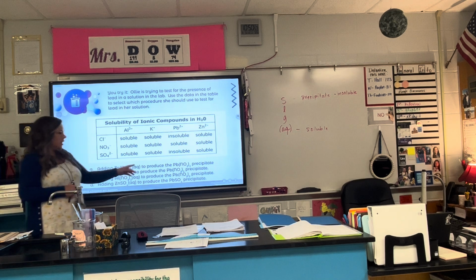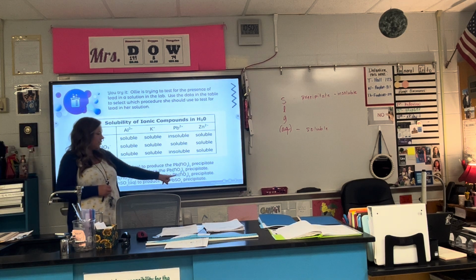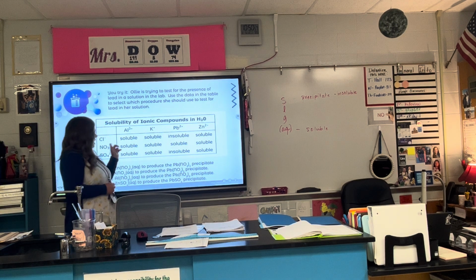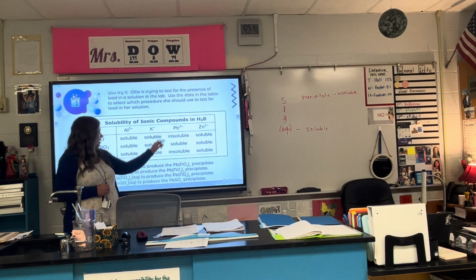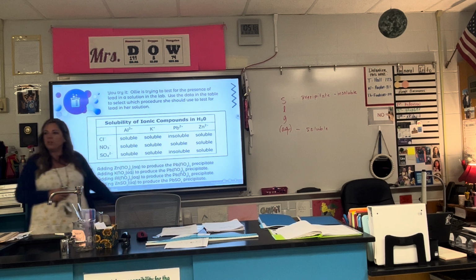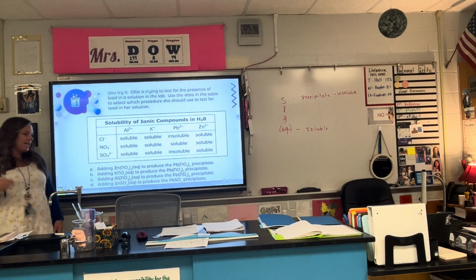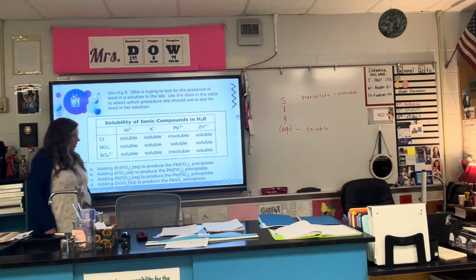Look over here: lead nitrate, lead nitrate, lead nitrate. All of your lead nitrates are soluble, but lead sulfate is insoluble. So the only one that would give her that precipitate would be D, adding zinc sulfate to produce lead sulfate.